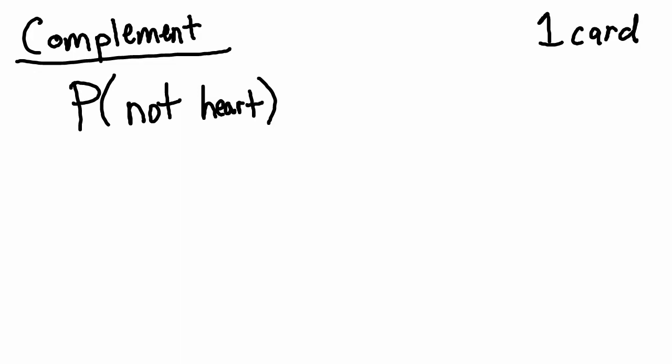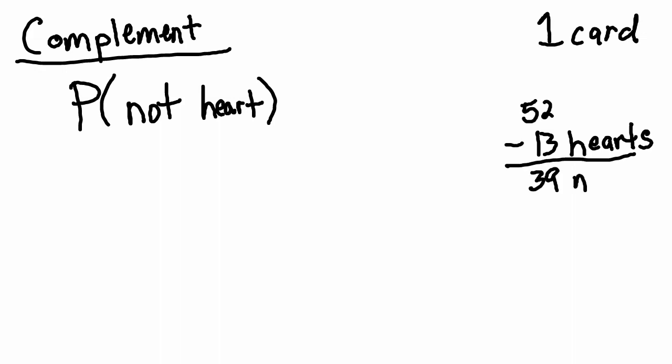Okay, so remember there's 13 hearts. So if there's 13 hearts, the way to think about it would be subtract that from 52. Well, 39 are not hearts.